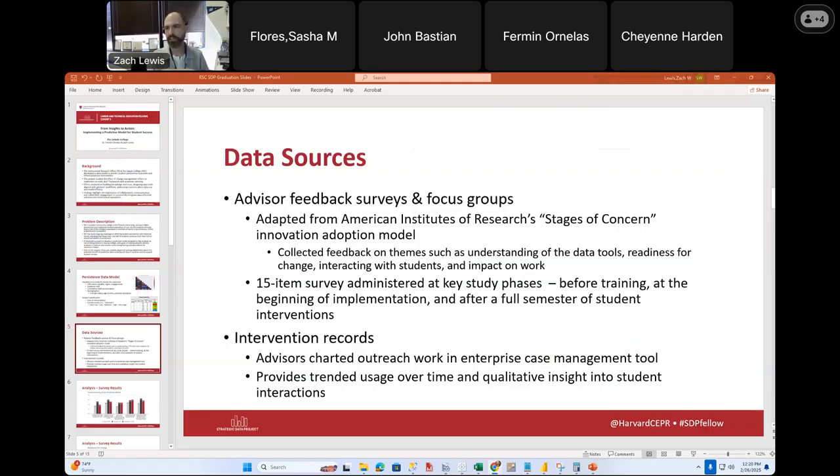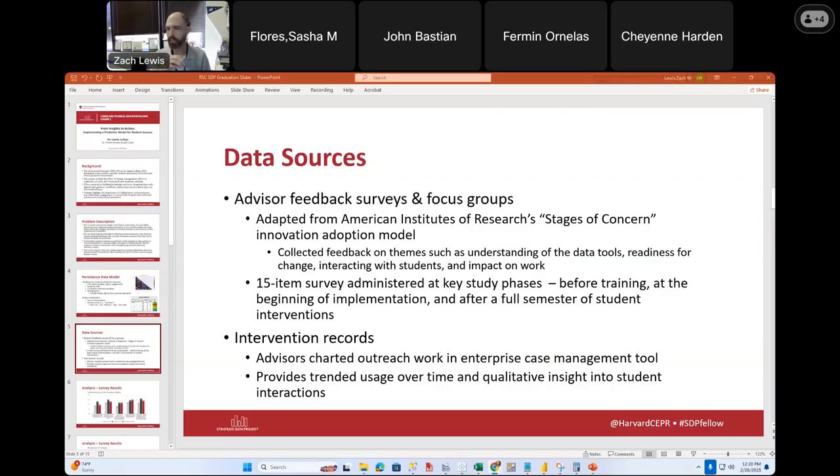In addition to the survey data, we were also monitoring how usage was progressing over time. As you all are familiar with Rio Compass, as advisors go in and chart their interactions with students, they were taking notes based on their intervention work that was informed by the predictive data model.